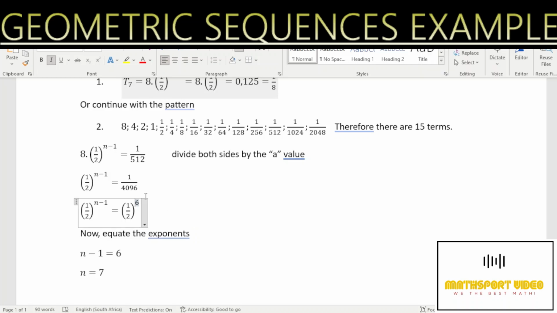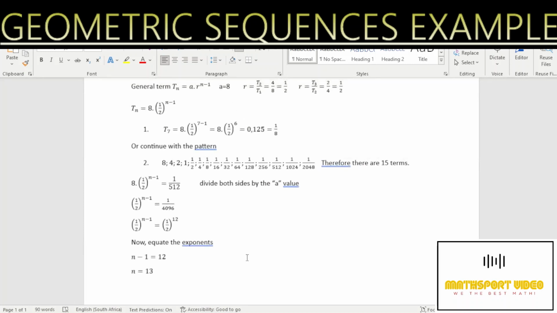Okay, so this is a half to the power of 12. So the answer is going to be n equals 13. Aha. 1, 2, 3, 4, 5, 6, 7, 8, 9, 10, 11, 12, 13. There we go. The 13th term is 1 over 512.